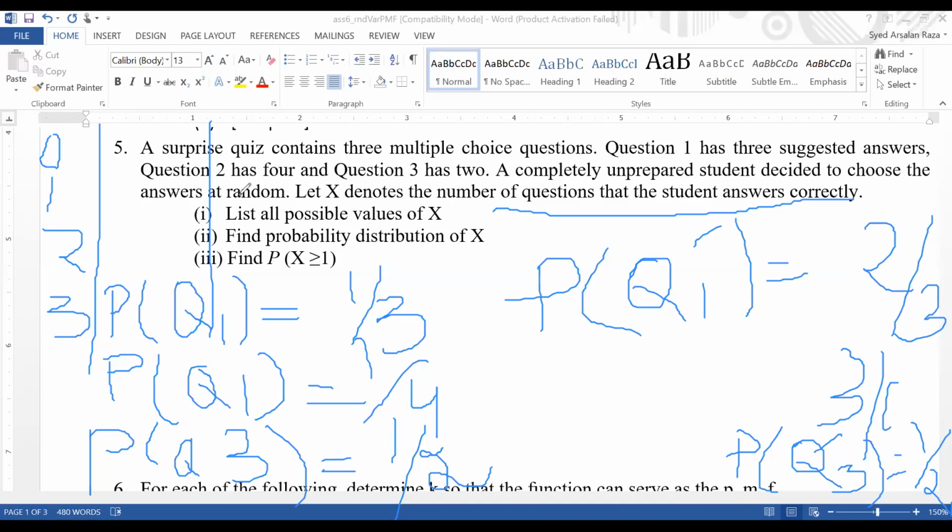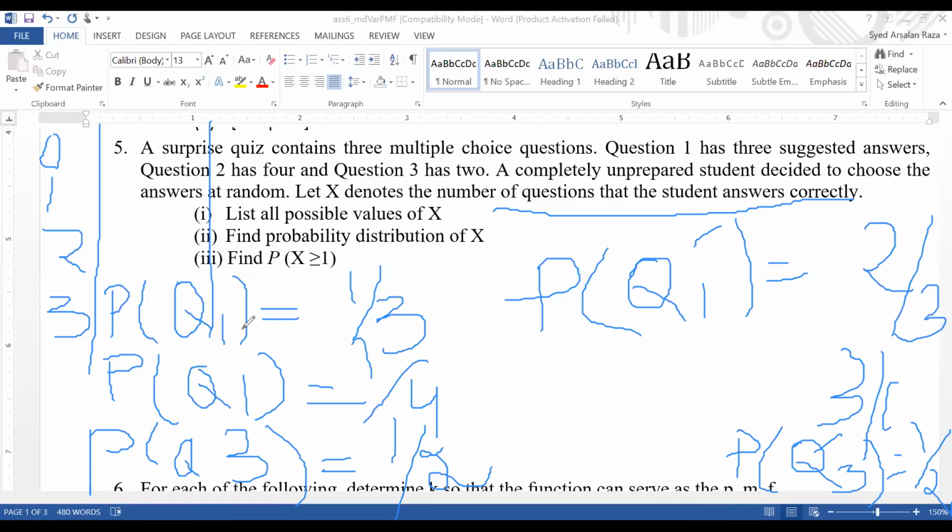The probability is just multiplying. 0 correct means question number 1 wrong, question number 2 wrong, question number 3 wrong. So all 3 wrong means 2 by 3 multiplied by 3 by 4 multiplied by 1 by 2. That is the answer for zero.